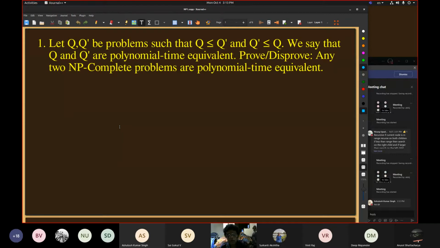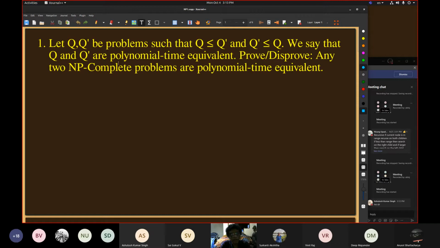In other words, because of these two reductions, it follows that Q is solvable in polynomial time if and only if Q prime is solvable in polynomial time. Or stated differently, Q cannot be solved in polynomial time if and only if Q prime cannot be solved in polynomial time.